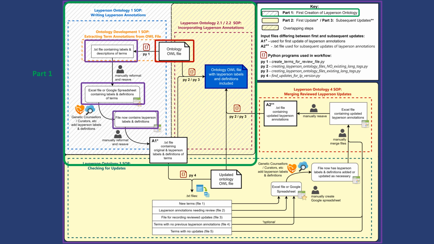The populated Excel file is then manually reformatted and saved as a text file for input into a program that takes this file and the initial OWL file and adds the layperson annotations into the OWL file, producing a new OWL file that contains the layperson annotations, which are indicated with relevant language tags.